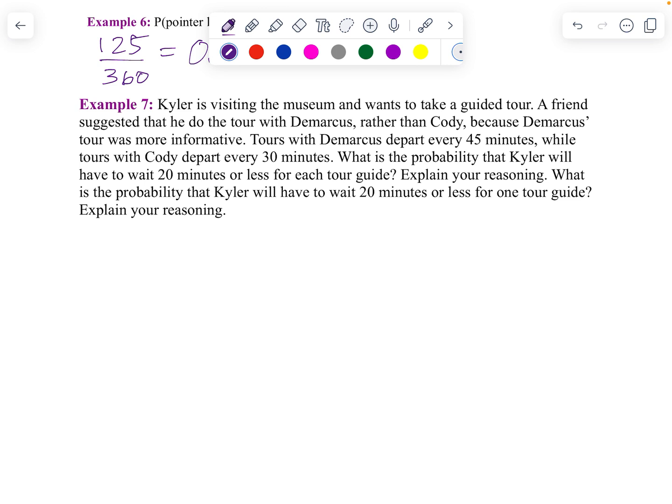So what I'm going to do is represent this with an area model. DeMarcus, his tours take 45 minutes. So here's 45 on my tour. Cody, his tours take 30 minutes. Let's label that so we understand what's going on.